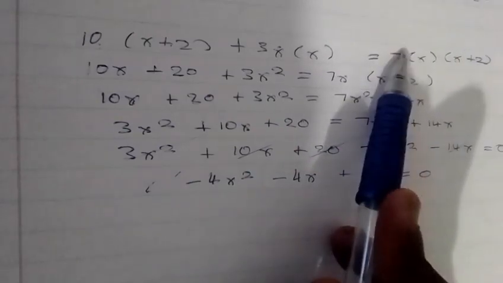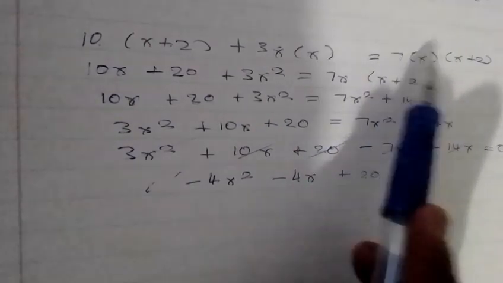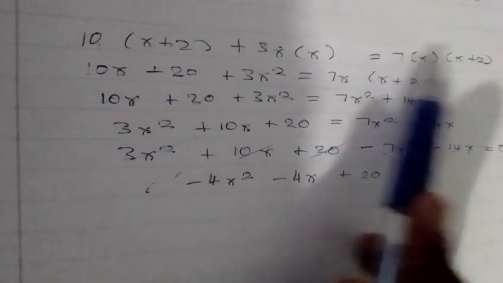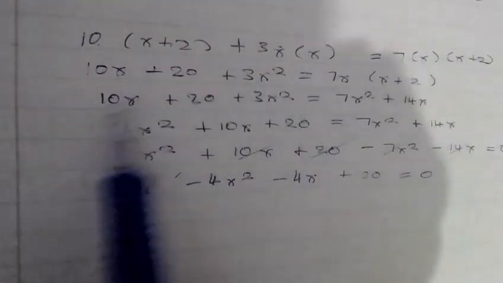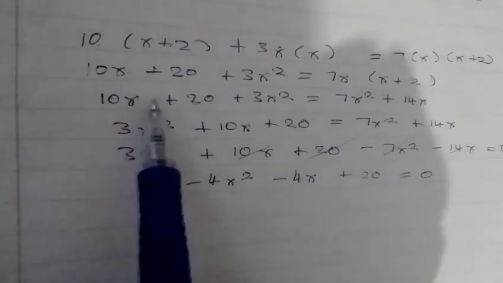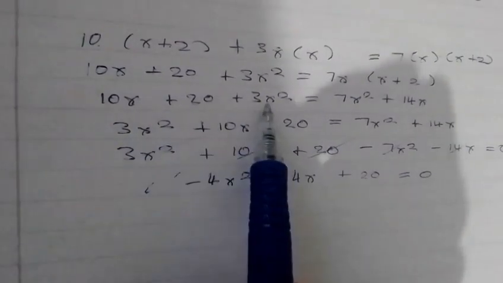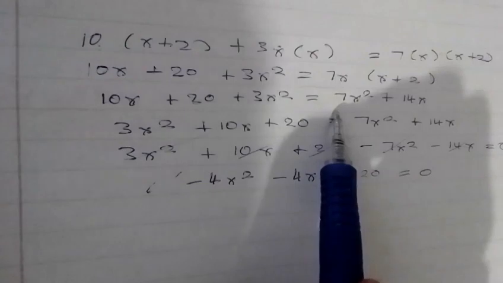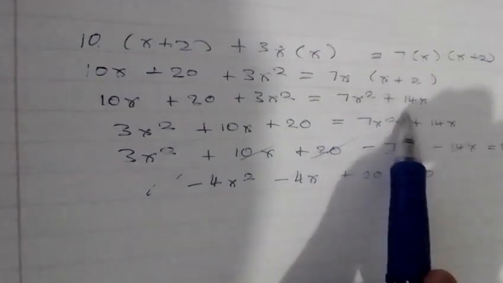Since we first solved these two, then these two go from here to here. So it's going to be 10x plus 20 plus 3x squared equals 7x squared plus 14x.